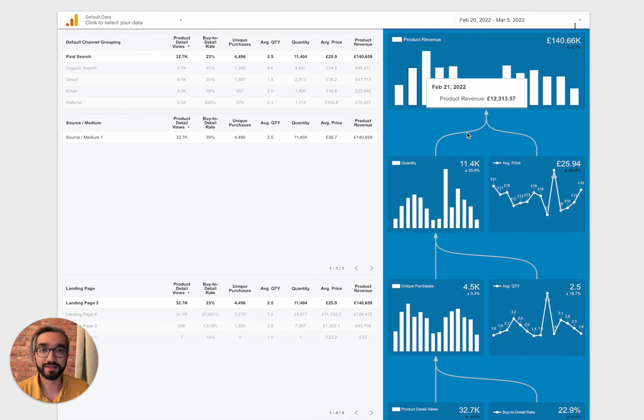Maybe you are selling products at a lower price, not so pricey products. So maybe this is the cause. You have a higher conversion rate, but product revenue is stable.